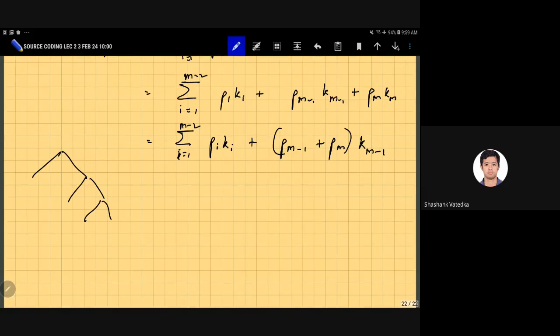Or let me put it in a slightly different way. If I merge the two symbols with the least probability, it's possible that this is what the code word tree looks like.